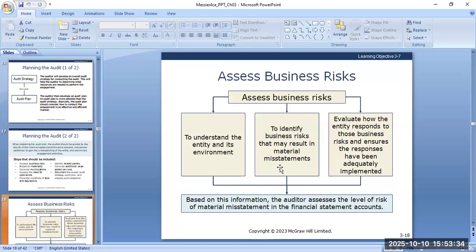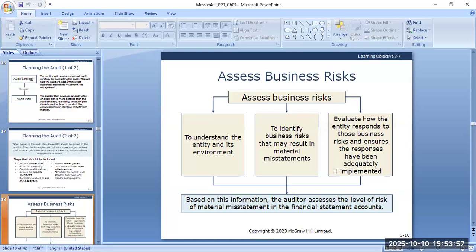If they are in the process of violating the covenants, that should trigger assessing the risk in that area by understanding that in this particular business, or right now in the industry, people are doing these things. Then we have to evaluate how the entity responds to those business risks and ensure that the responses have been adequately implemented.